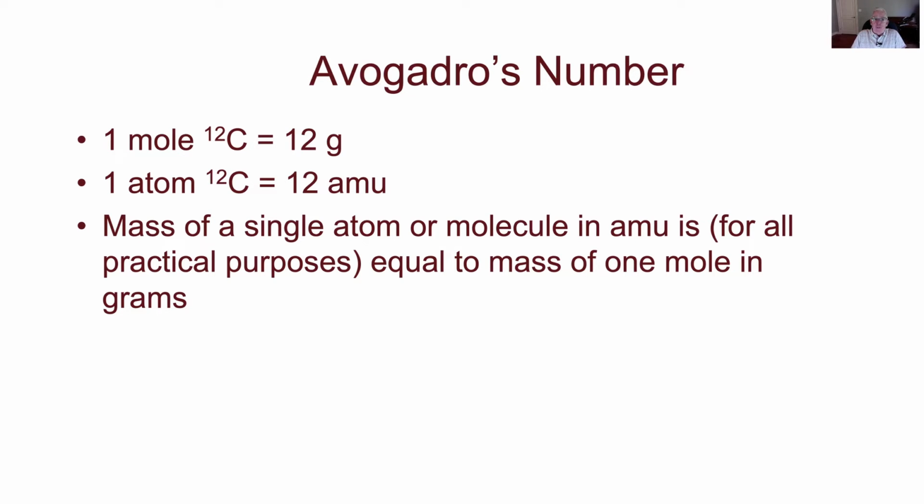Why is this important? It means the mass of 1 atom or molecule in AMUs is numerically the same as the mass of a mole of them in grams. So if I look up carbon in the periodic table, the atomic weight is 12.011 AMUs. That's an atom.